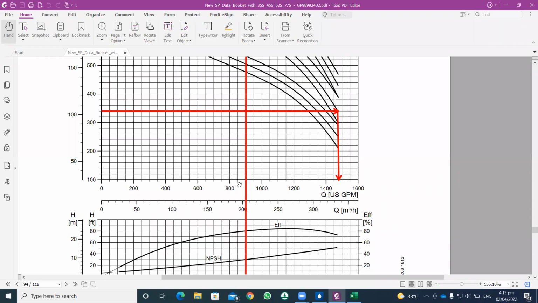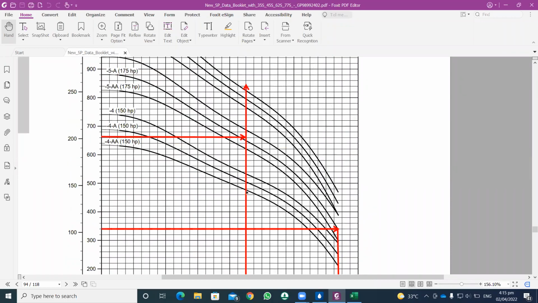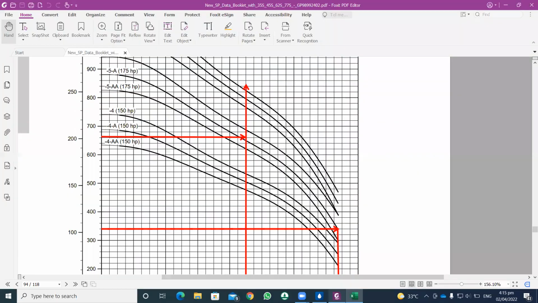You should keep some factor of safety in that as well. So by projecting it vertically and then projecting on the y axis, we should take such a pump in order to fulfill the demand. We know that the head required for the system we calculated is about 654 feet. So based on that, I took the pump of about 660 feet as our design value.